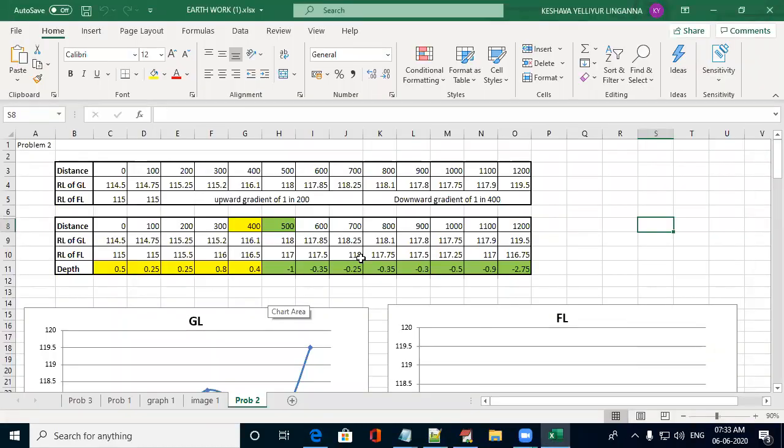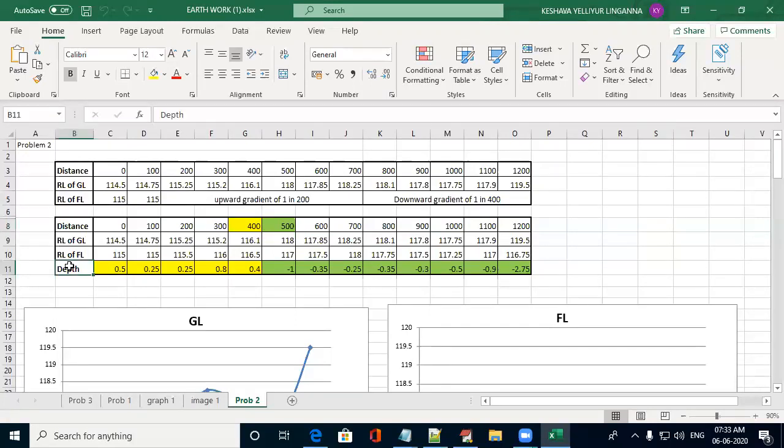After 700 meter, that is 118, you have to subtract 0.25. 118 minus 0.25 will give you 117.75. And after that, minus 0.25 is this, minus 0.25 is this. Till the end, it should be like that. Up to 700 meter, there should be an increase of 0.5. Later, there should be a decrease of 0.25, because that is the given data. So if you do this, we will get the RL of formation level. This row we will get.